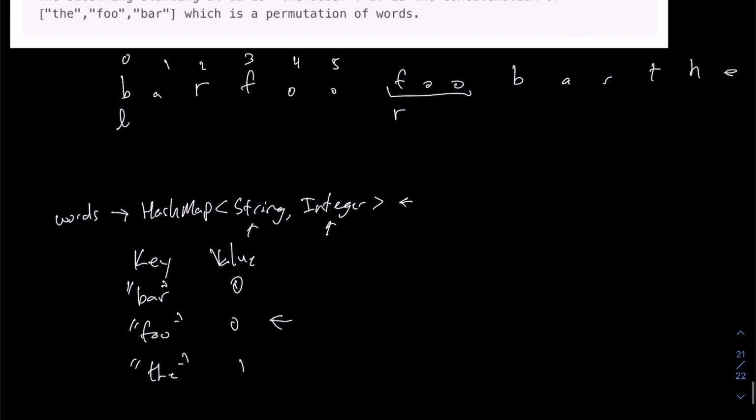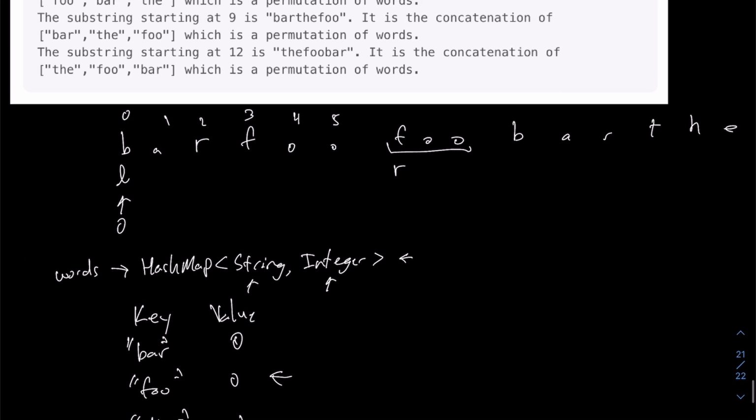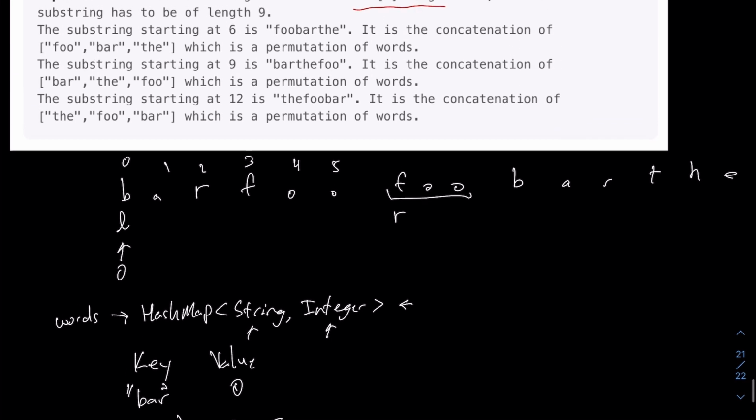Right? So now we know that this sequence will never create a viable sequence. We know that this starting L value at index 0 will never be able to create a 9-length sequence that is valid, simply because we've met an obstacle. We can't get past this. It has to be in order of bar, foo, the. So this next one had to be the.